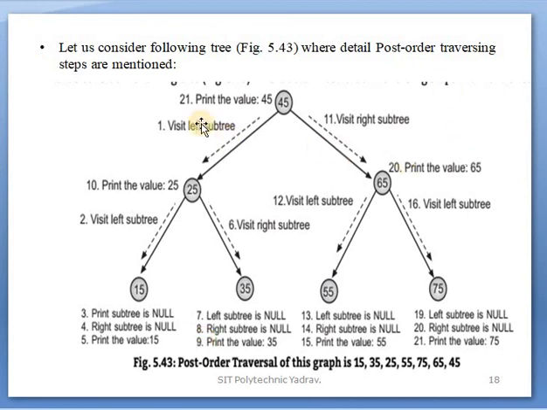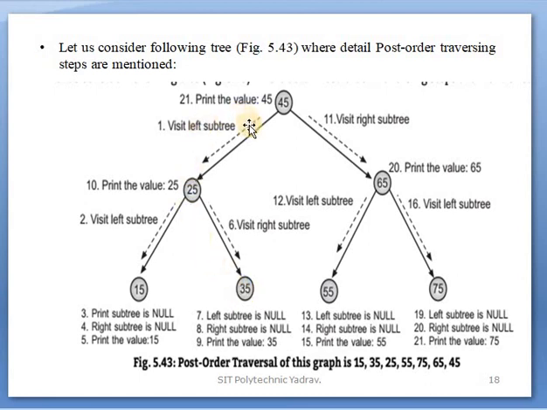Diagrammatically, the first step: visit the left subtree; in that left subtree the left is null and the right subtree is also null, so display the root 15. Fifth step. Sixth step, visit the right subtree; in that the left subtree is null and the right subtree is null. Ninth step, 35 will be displayed.